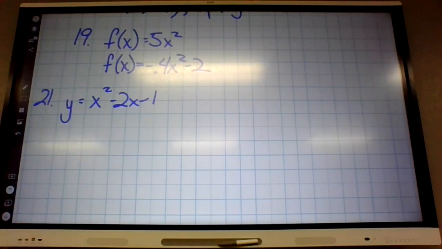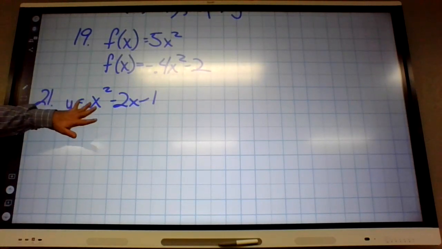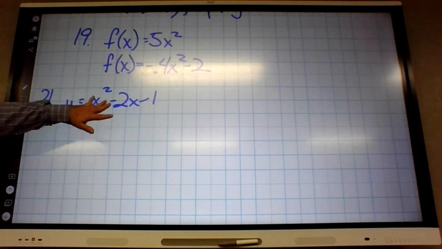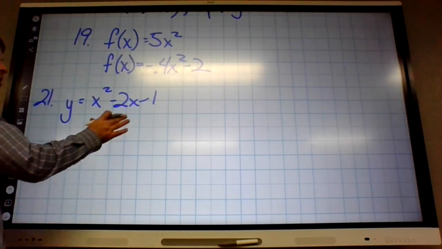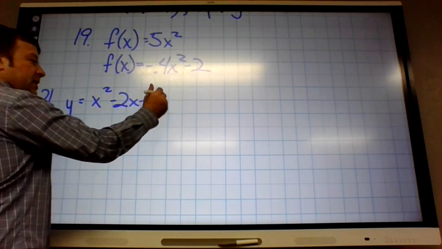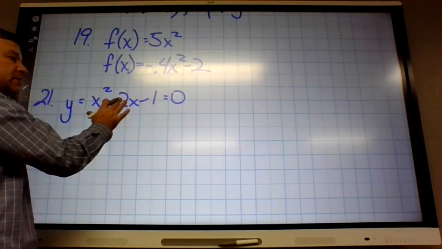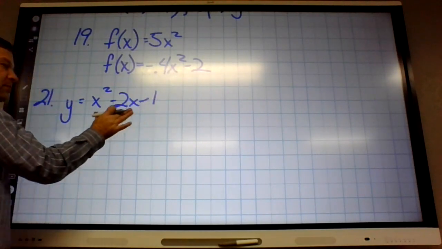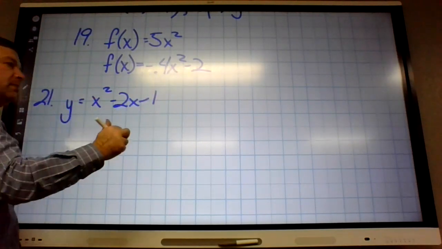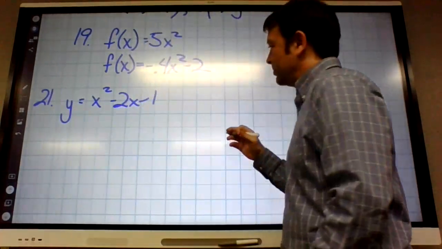Okay. When you have your function in standard form, like x squared minus 2x minus 1, you know how last chapter we wrote it like that, equal to 0, and then factored it or used the quadratic formula. So this is called standard form. Do you guys remember the quadratic formula?